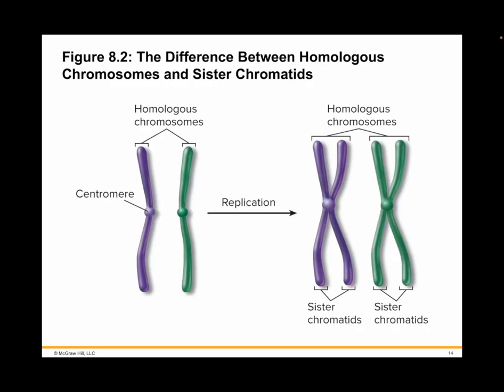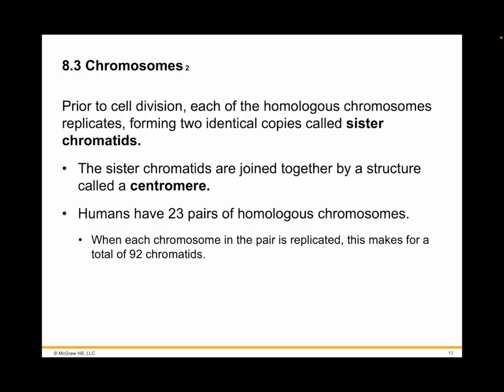If you look closely here at figure 8.2, you see to the left-hand side homologous chromosomes. By way of replication, we now have, again, homologous chromosomes by way of those sister chromatids. Let's continue back where we left off.